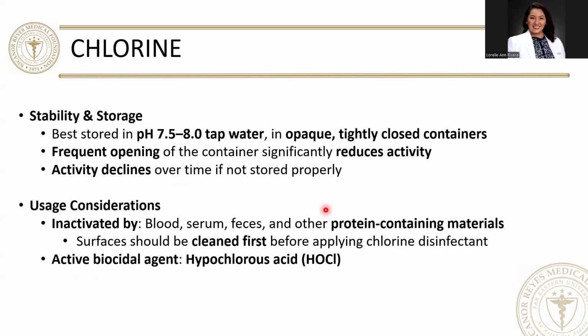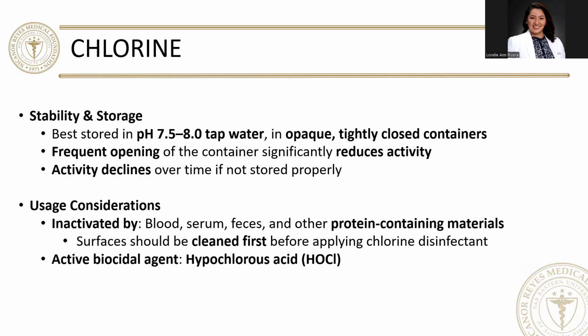If you frequently open it, it will reduce its activity, and the activity declines over time if not stored properly. It is inactivated by blood, serum, feces, and other protein-containing materials. That is why if you're going to clean a surface stained by blood, you should remove the blood first with soap and water, and then disinfect using your chlorine.